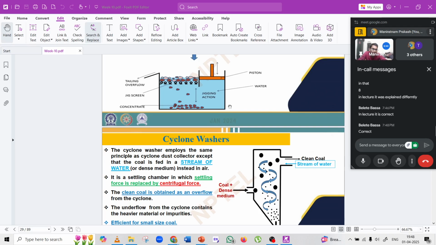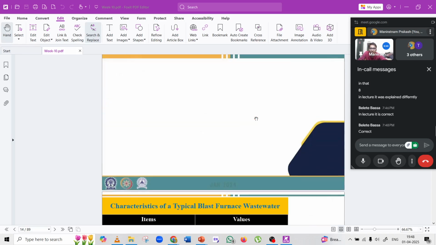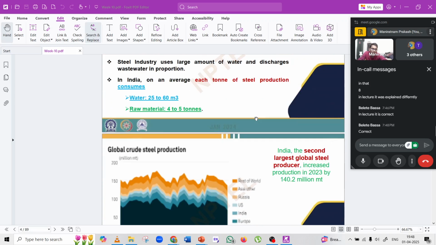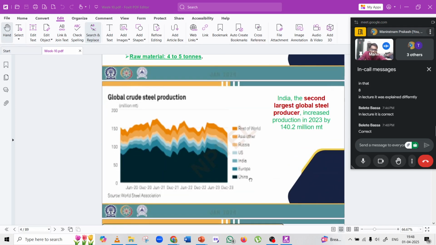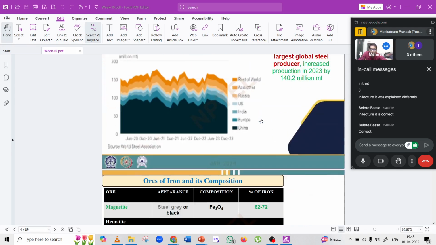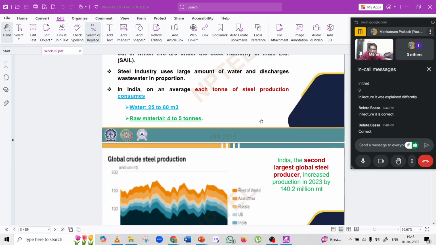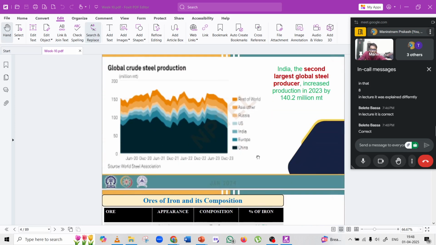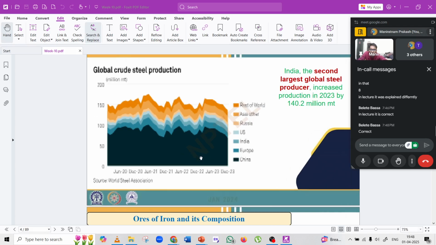Can you explain why it is correct? Yes, this is the slide. She is talking about this. It is not shown here which one is largest and which one is smallest, simply to show which countries are involved in this.